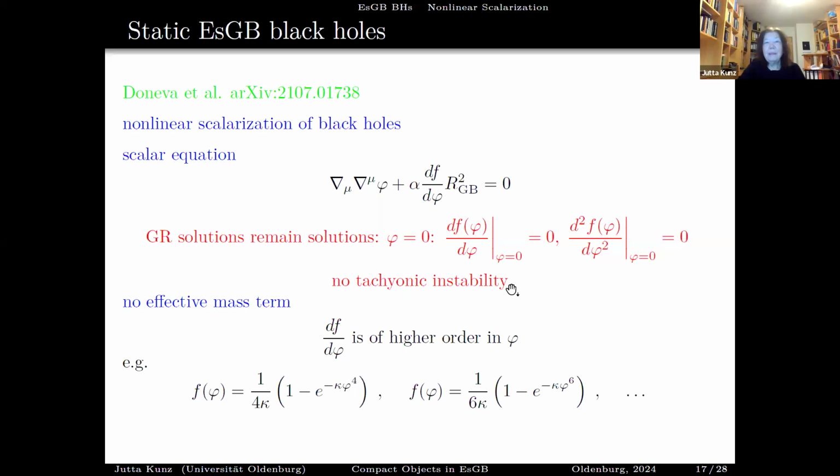So the last type is that we can also have some nonlinear scalarization. This means we also ask that there is no effective mass. So we just take a coupling function of higher order in the scalar field. This was also done by Daniela and her group. And you see down here, instead of phi to the 2, we now have 4 or 6 up here.